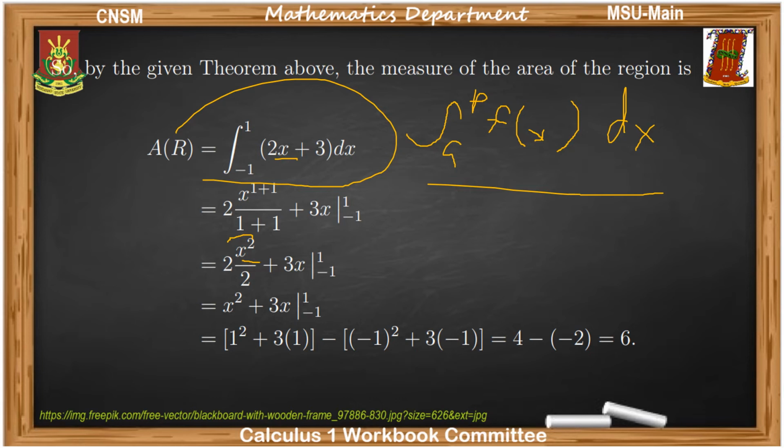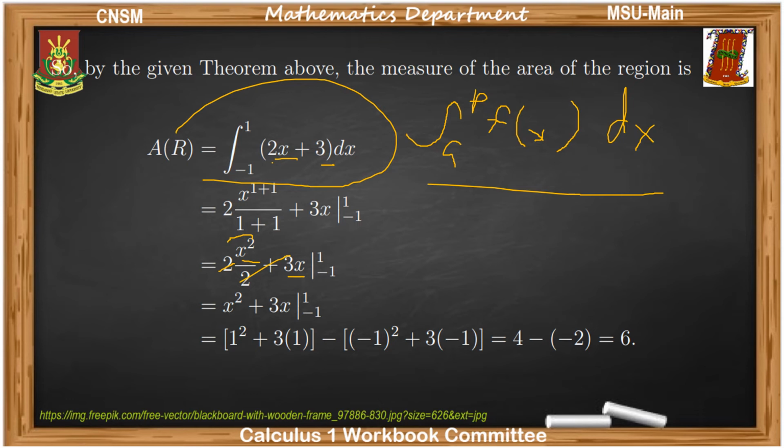So 2x and x raised to 2 are equal. The constant 2 can be taken out, so it cancels out with the denominator. What remains is x raised to 2 plus 3x; the 3 is likewise equal to 3x.